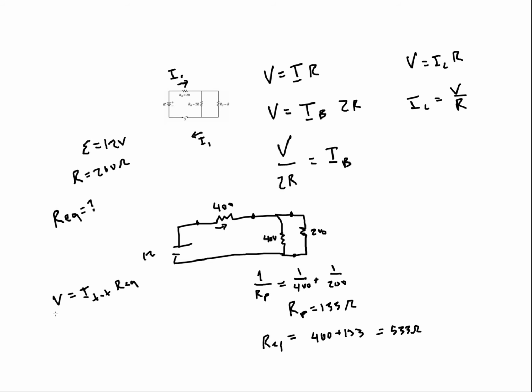So if I do that, plugging in 12 and my R equivalent as 533, I get a total current drawn from the battery of 0.0225 amps.